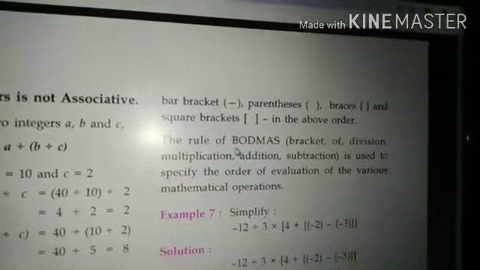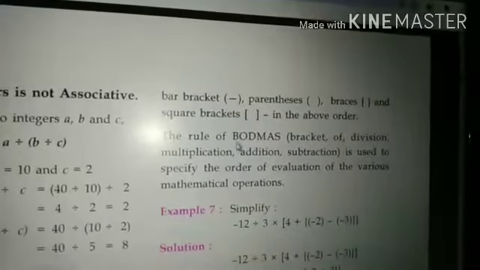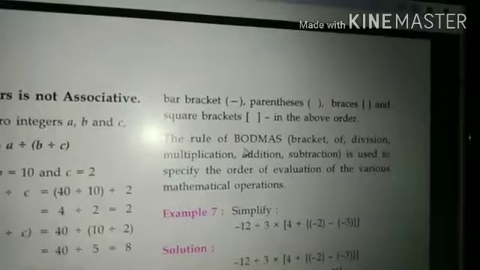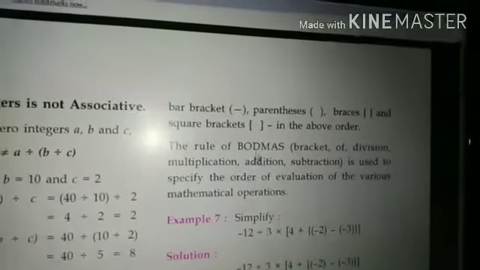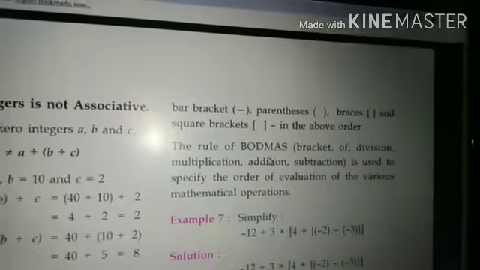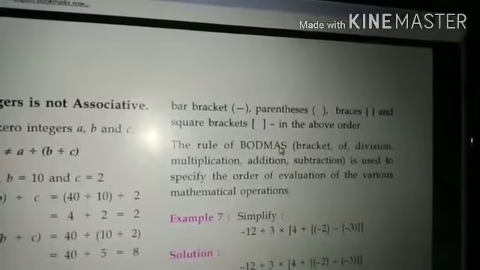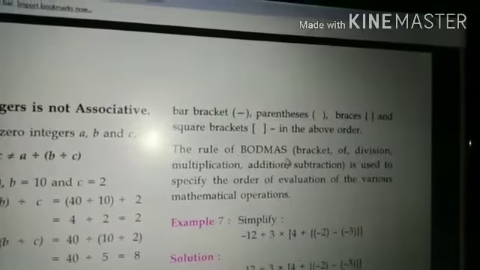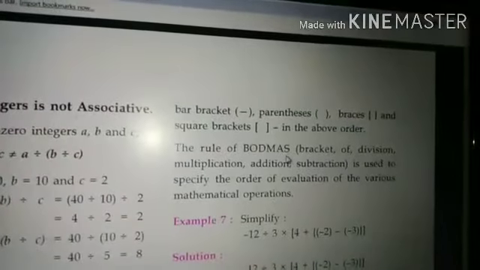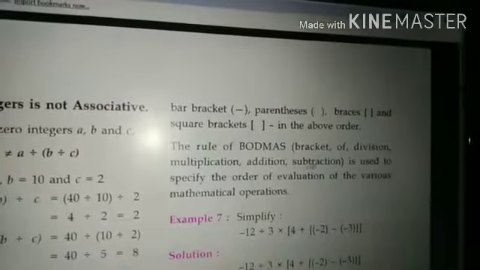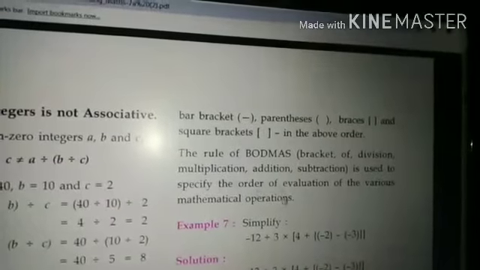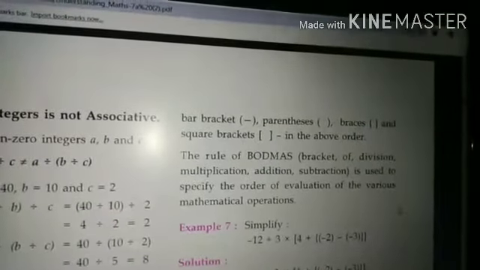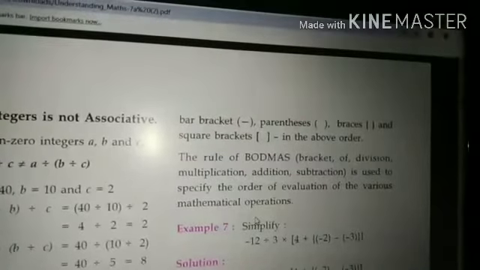In the BODMAS rule, B stands for brackets, O stands for of, D stands for division, M stands for multiplication, A stands for addition, followed by S for subtraction. It is used to specify the order of evaluation of the various mathematical operations.